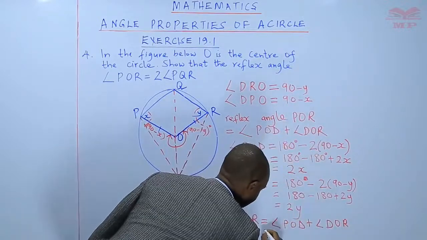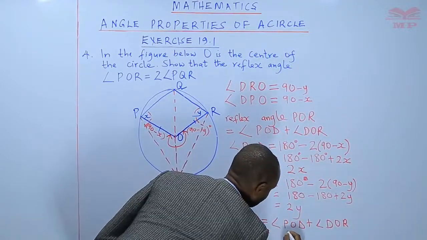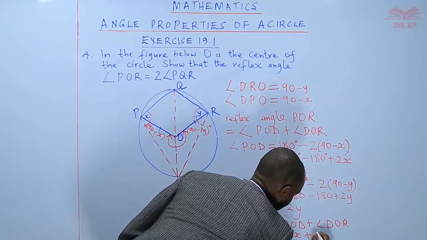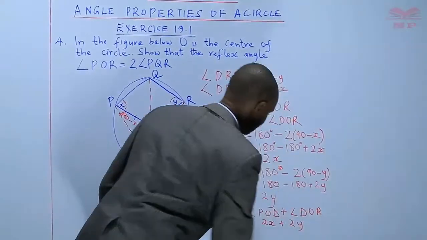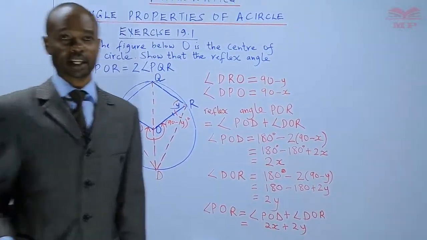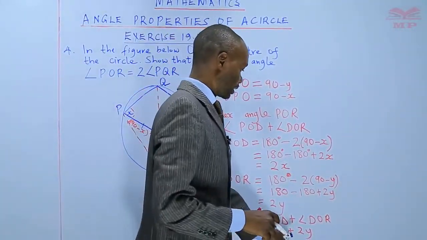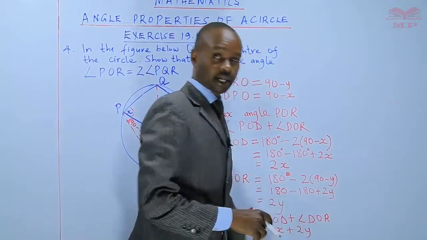Which gives you 2x plus 2y. Now that is the value of the reflex angle we are looking for. Its value is now 2x plus 2y.